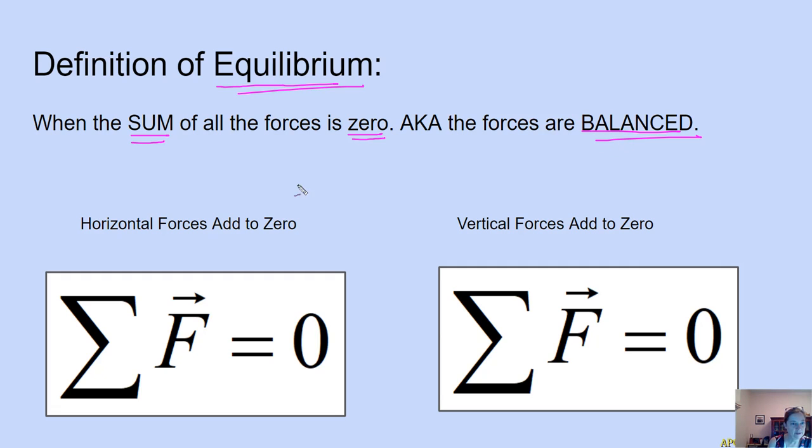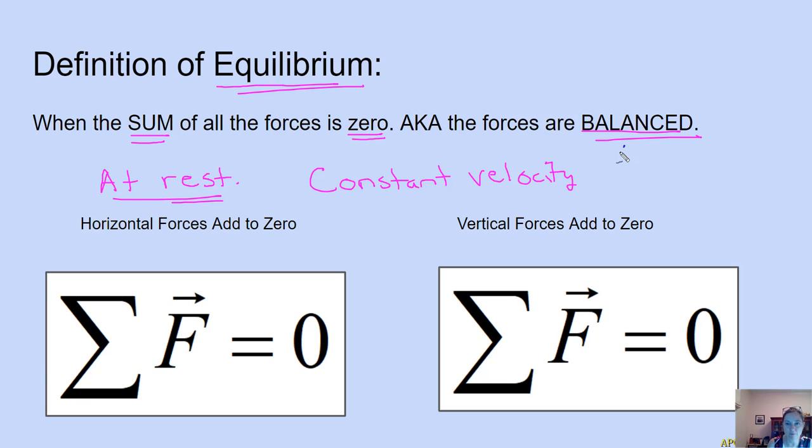How do you know if something's in equilibrium? The easy answer is if it's at rest, the forces are balanced. That's pretty straightforward. People get that. The second case, though, is tricky. It could also be traveling at constant velocity.